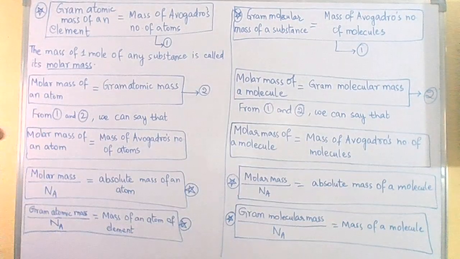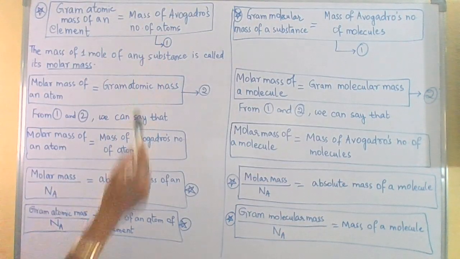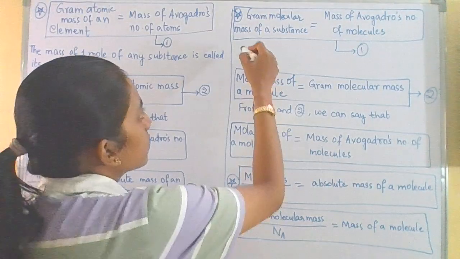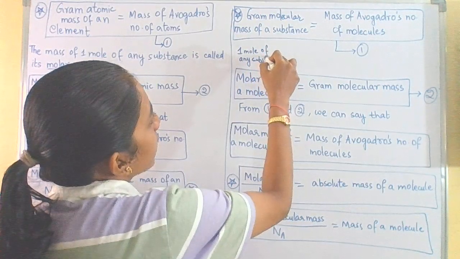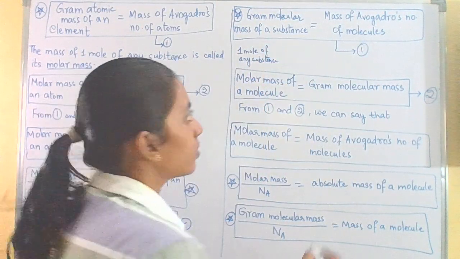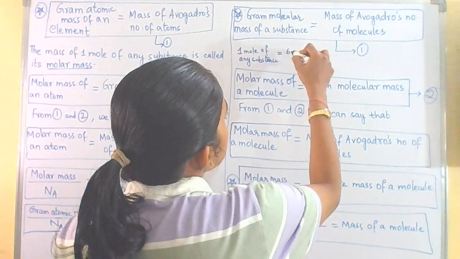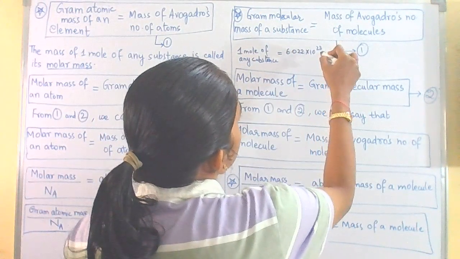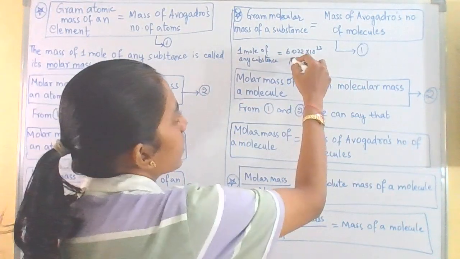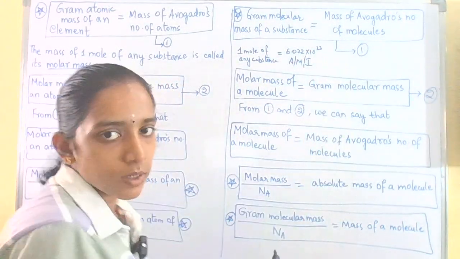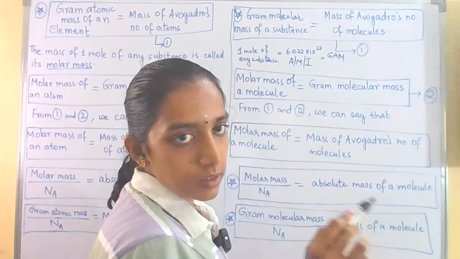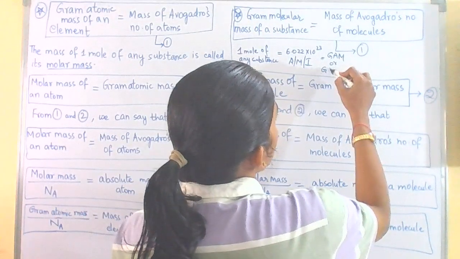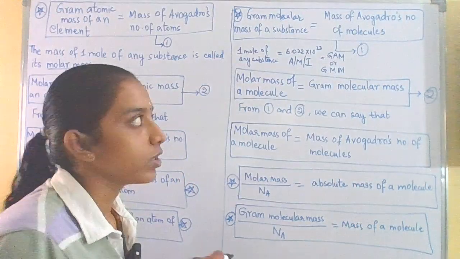Now we'll see different formula here. Gram atomic mass of an element is equal to mass of Avogadro's number of atoms. So you all know this formula. 1 mole of any substance, this can be atom, molecule or ionic compound, is equal to 6.022 into 10 to the power 23 atoms or molecules or ionic compounds, whatever it is, which is equal to gram atomic mass if the substance is atomic, or gram molecular mass if the substance is molecular.